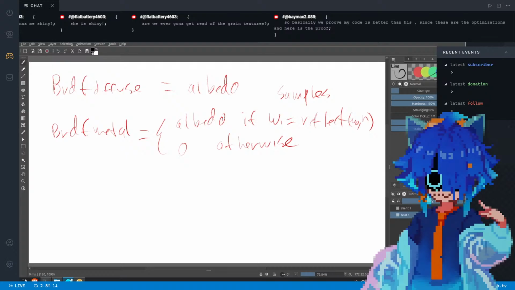So our probability is 0 that there's any light if it's not the reflection, and the albedo otherwise. And these two BRDFs give us already pretty okay looking surfaces.